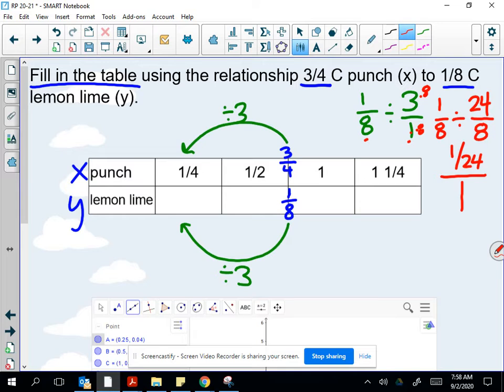So here I know that with 1/4 a cup of punch, I'm going to have 1/24 over 1 for lemon lime. The thing is, anything divided by 1 just equals itself. So let's simplify that further. 1/24 divided by 1 is just 1/24.